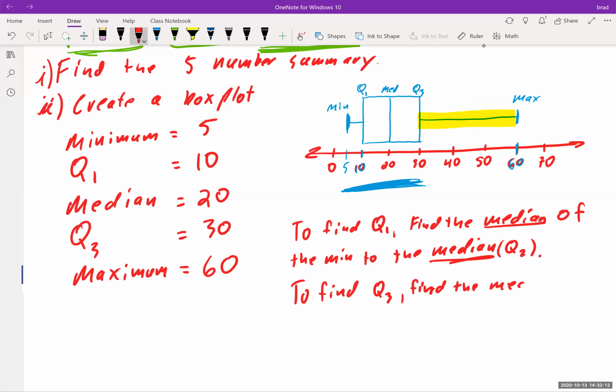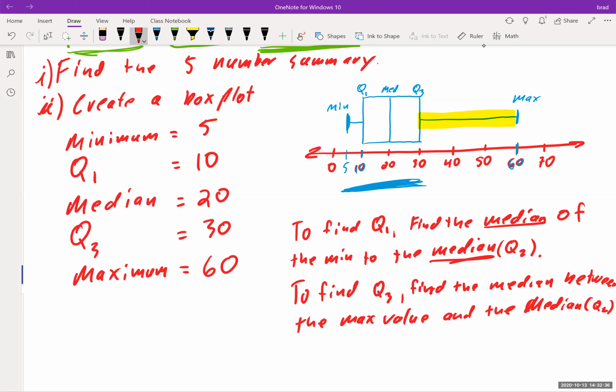The median between, I think that's a better way to say it, between the max value and the median, Q2. Again, nobody really calls it Q2. It's normally called the median.